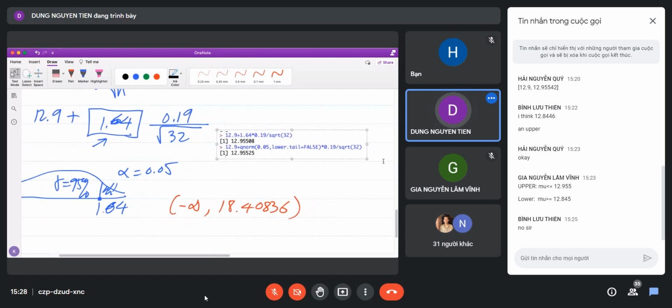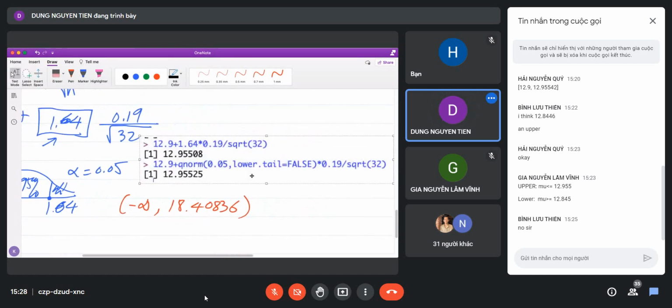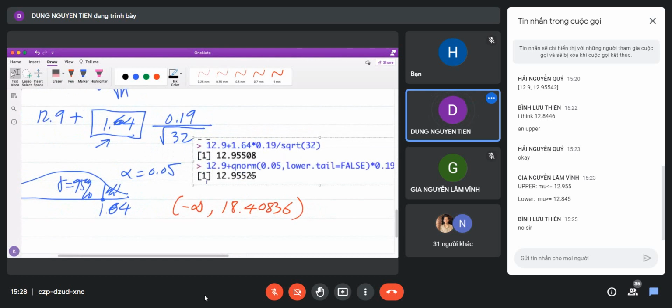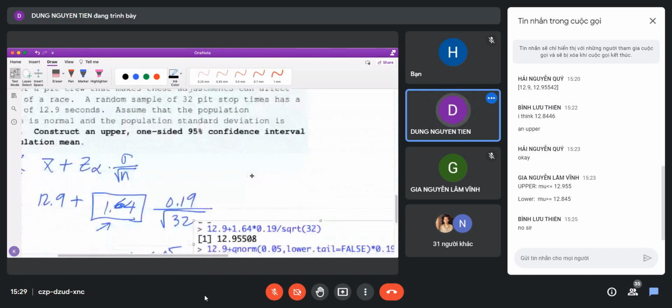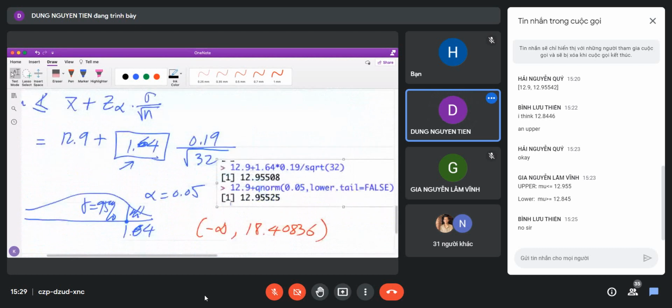Let me check it again. 0.19, 12.9. Okay. Is there any question so far? Is that all clear?